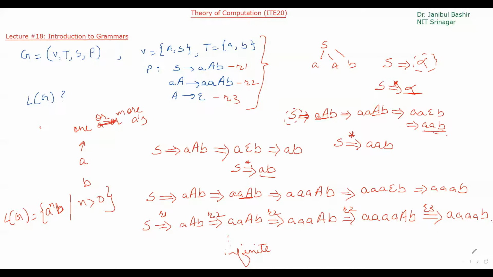Now let's see what are the different types of grammars in formal automata. What are the different grammars that we have to understand? Let me rub this and let's introduce the different types of grammars in theory of computation. Now we have to discuss different types of grammars.